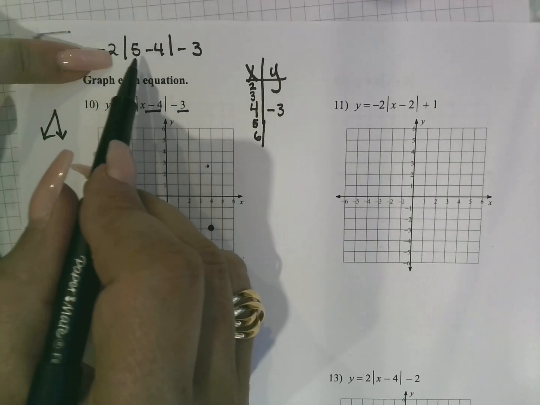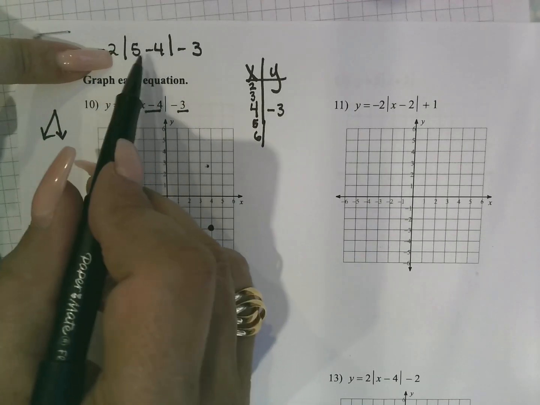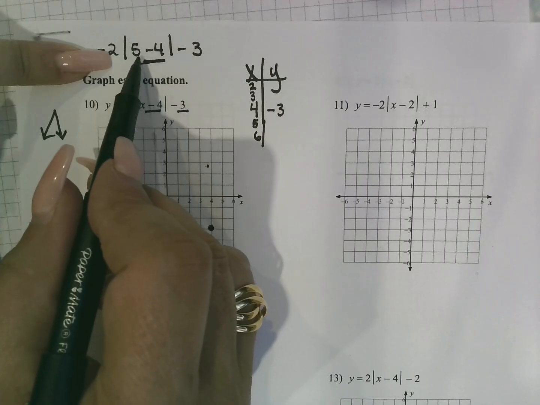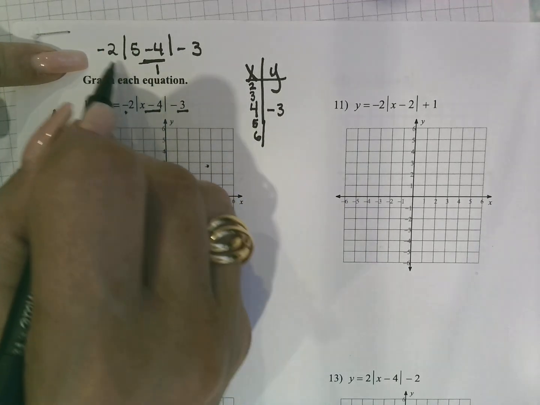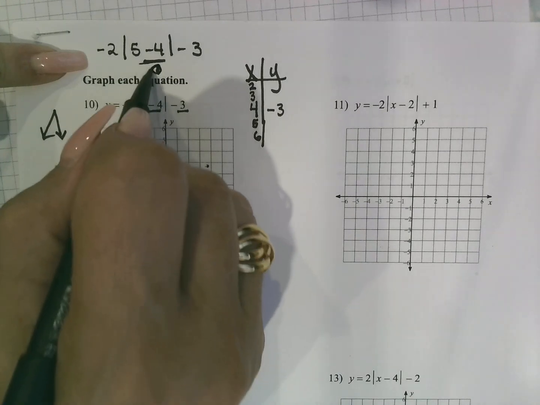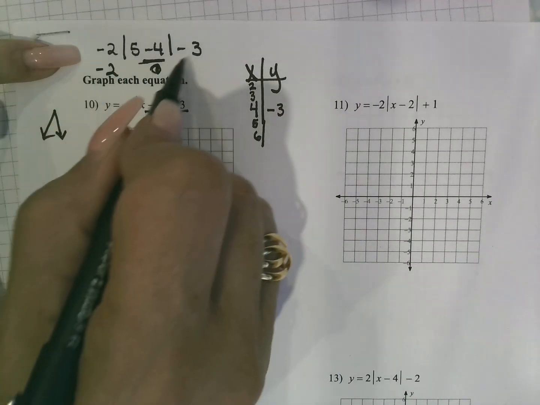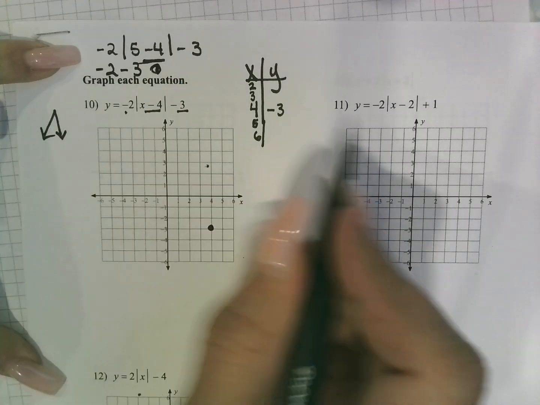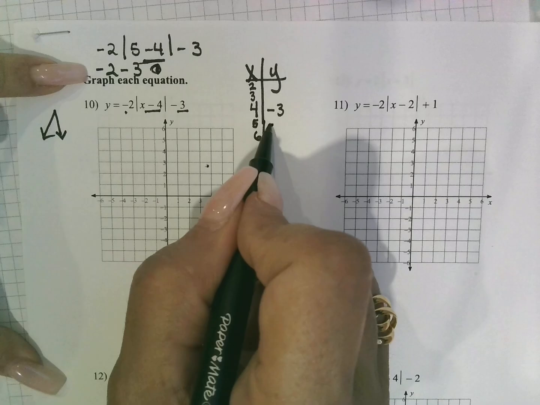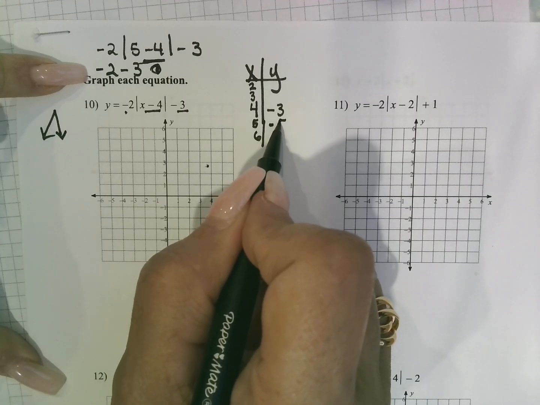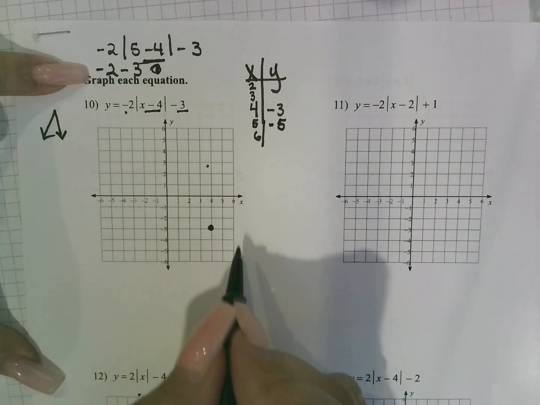You do order of operations, so we take care of what's in the grouping symbols first. 5 minus 4, that's 1. The absolute value of 1 is 1. 1 times -2 is -2, minus 3. That's going to give me -5. So when x is 5, y is going to be -5.